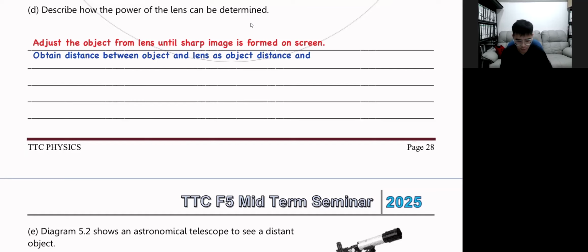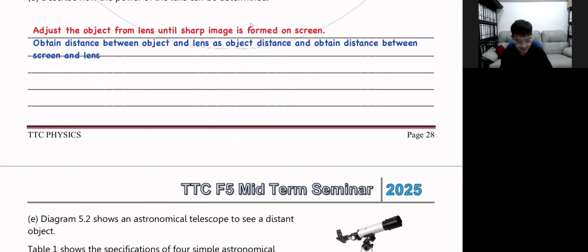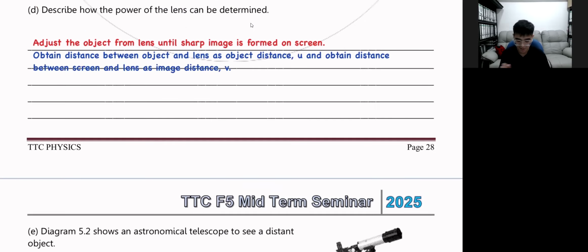And then you also obtain the distance between the screen and the lens. The distance between the screen and the lens is called the image distance. You can give the symbols: the image distance is called V, while the object distance is called U.